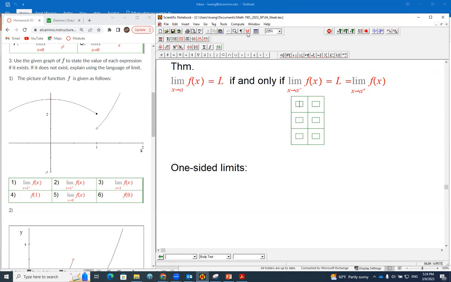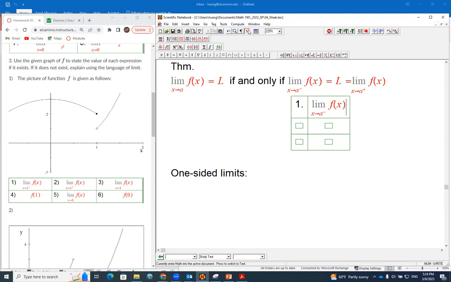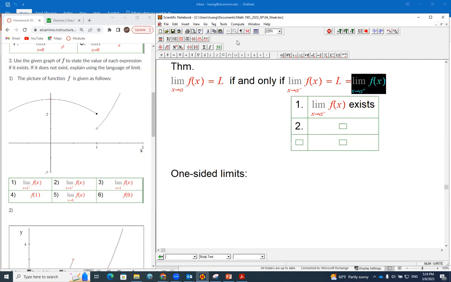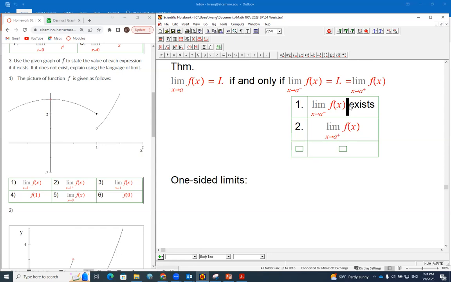The first one means that this limit exists. The second condition means that this other limit exists, it also exists.